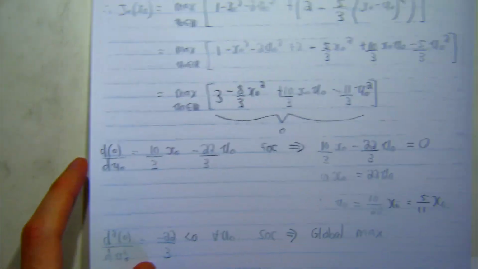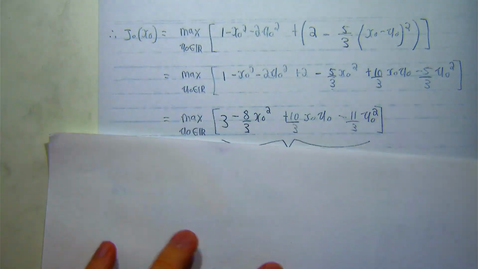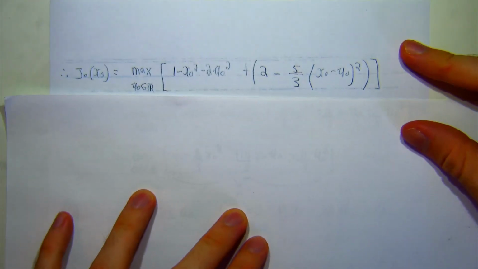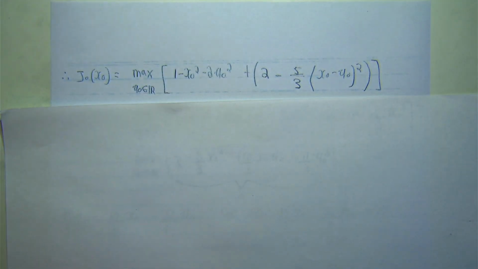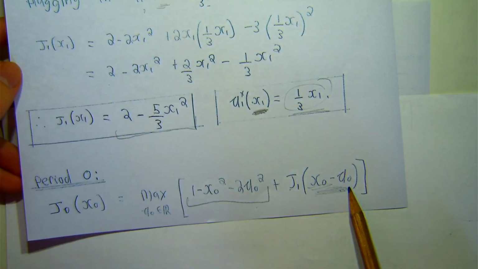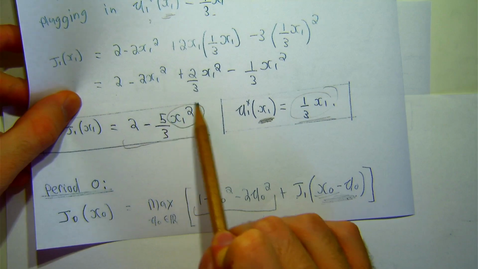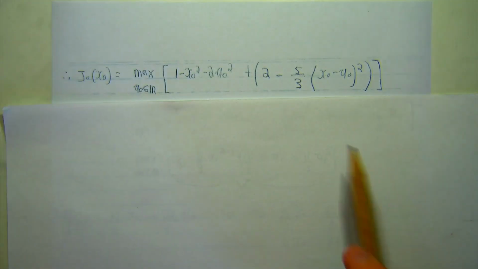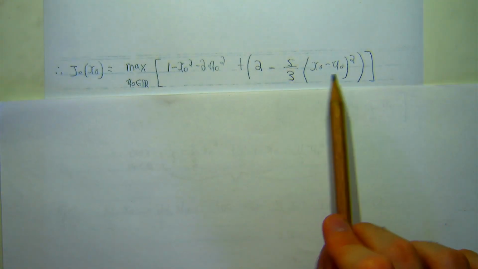Okay, so we can go through this. If we plug in our x0 minus u0 into this, we're plugging it in right here. And so that gives us this here.